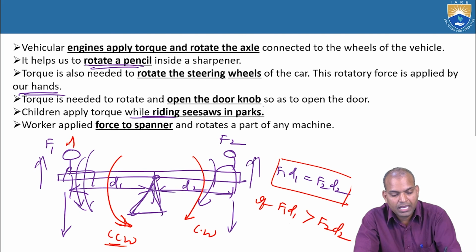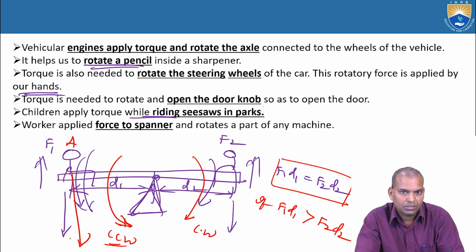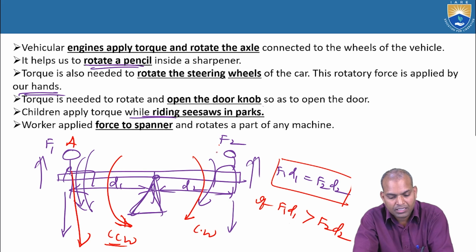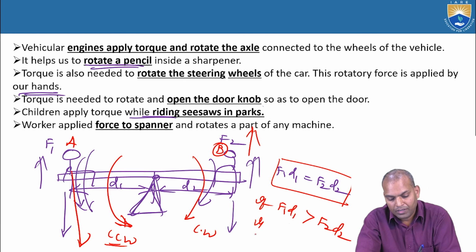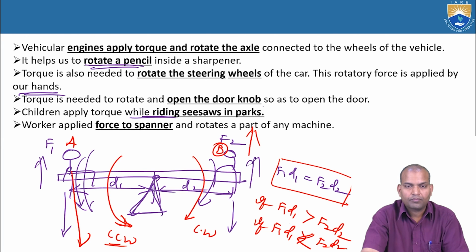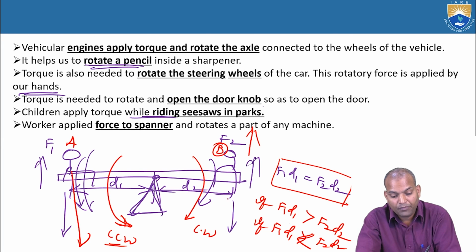Person A comes down and person B moves up. If F1 D1 is smaller than F2 D2, then person B moves down and person A moves up.